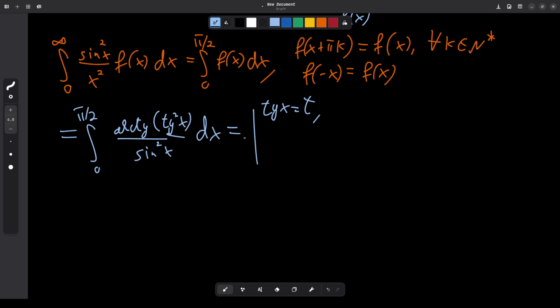So we're gonna go in this way. Tangent of x equals t, which, after a bit of calculations, you notice that dx is actually going to be the same as dt over 1 plus t squared. Since we were initially integrating from 0 to pi over 2, now we're going to go from 0 to positive infinity.